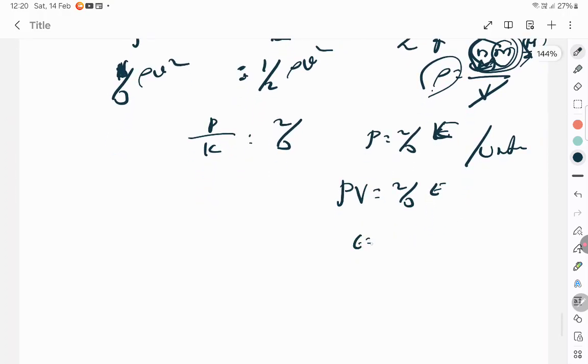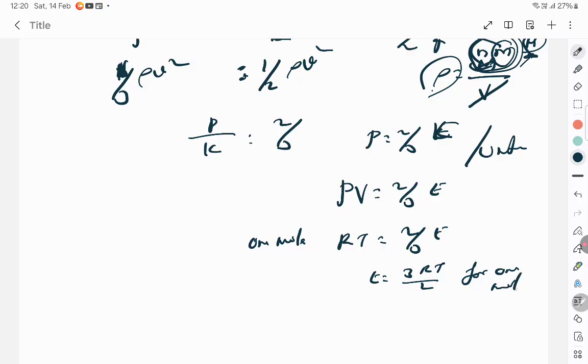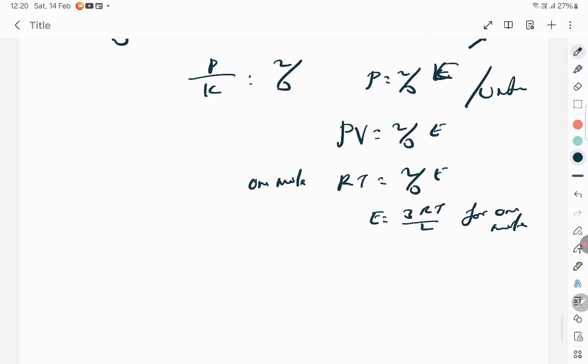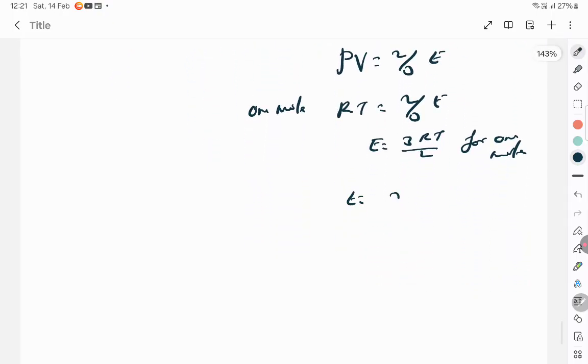I can also write PV is equal to RT, considering 1 mole. For 1 mole, PV can be replaced as RT, which equals 2 by 3 into E. Therefore, E is 3 RT by 2 for 1 mole. For 1 mole, that's the energy. Now you can divide R by Na.